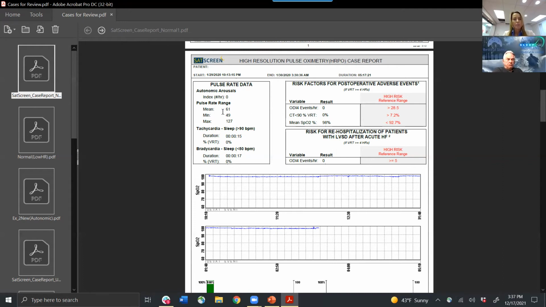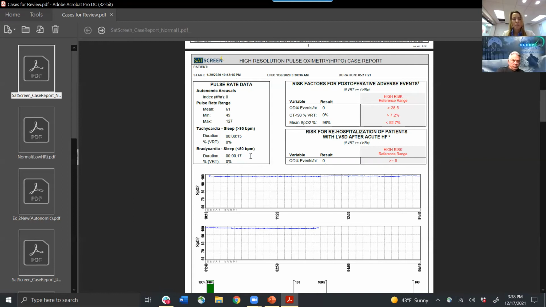We also have the mean, min, and max pulse rate range. It shows you the amount of sleep-related tachycardia and bradycardia. Bradycardia and tachycardia for sleep are a little bit different than wake. In sleep, tachycardia is greater than 90 beats per minute, and bradycardia is at or below 50 beats per minute.